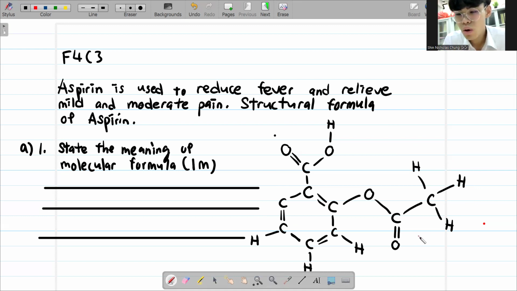the actual ratio number of atoms of each element in a compound. Don't forget your atom. So let's write it down first.